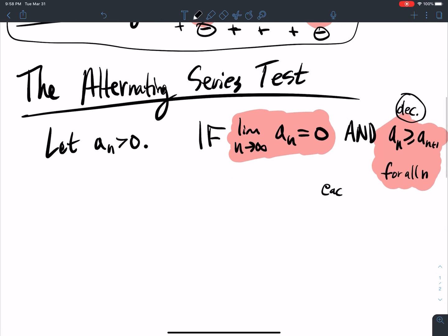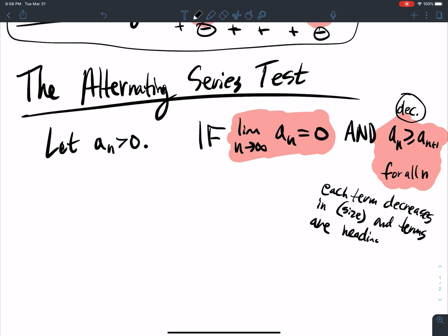So each term decreases in size, and terms are going where? Are heading to 0. So the terms are heading to 0 and the terms are decreasing.